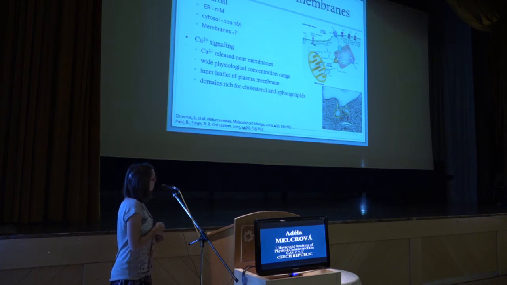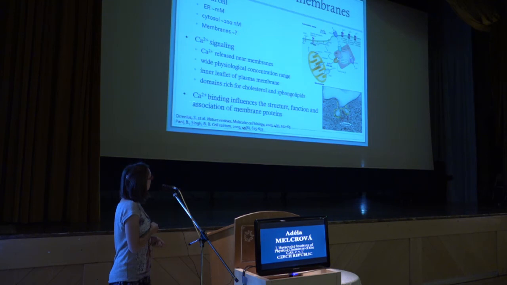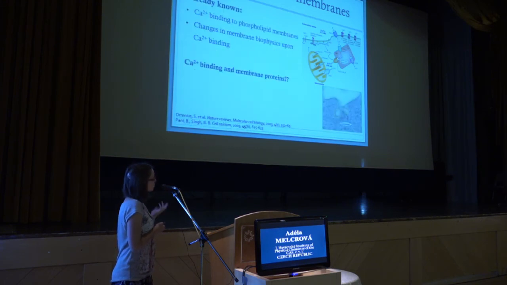The signaling events are often in caveolae or domains rich in cholesterol and sphingolipids, and there are also transmembrane proteins and peptides for sure. The calcium binding influences the structure, function, and also oligomerization of membrane proteins.